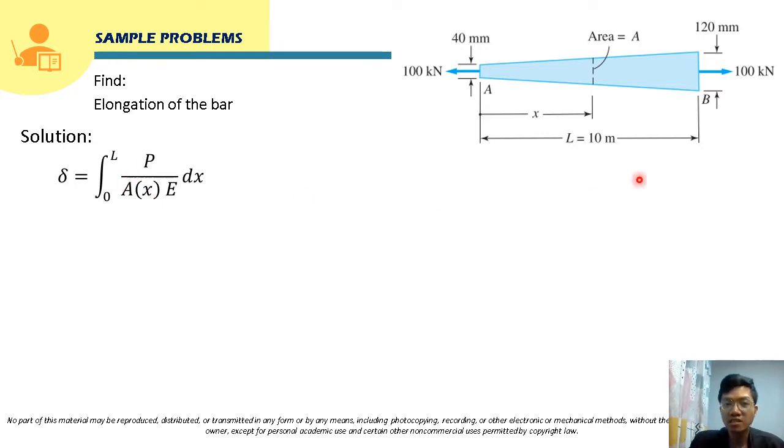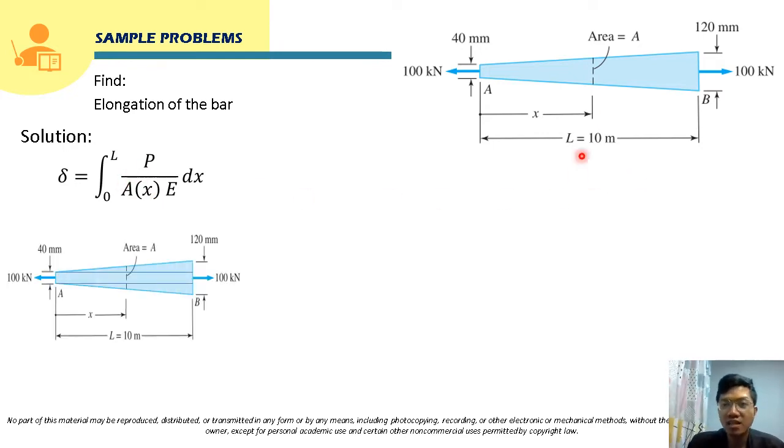Since the thickness is constant, let's say this length indicates the area, and the distance for this will be x. We are going to take this here at the middle of this bar AB.